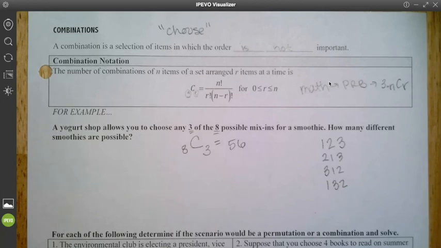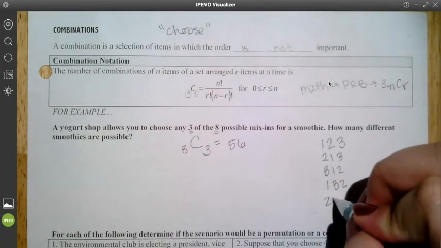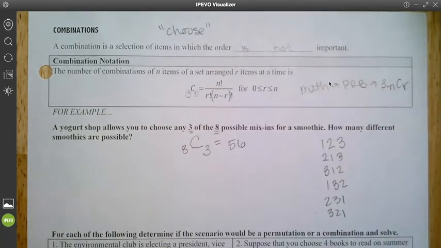For a permutation, these are all different. Therefore, for every choice that I make, a permutation has more options than a combination. So combinations will be smaller numbers.